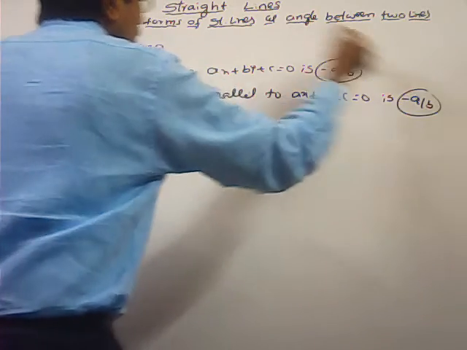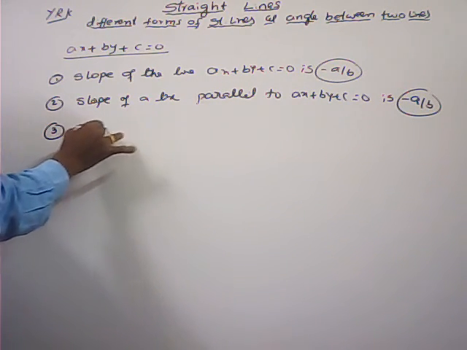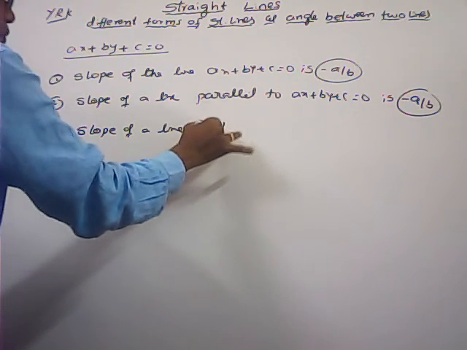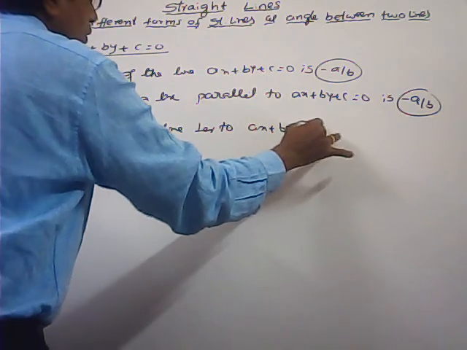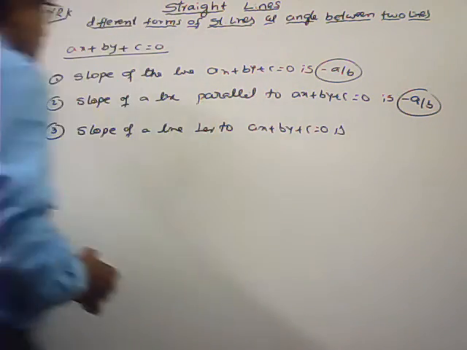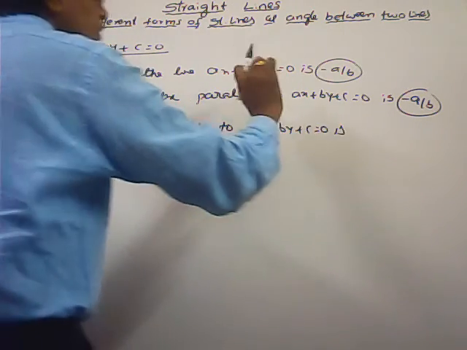If two lines are parallel, their slopes are equal. Next, the slope of a line perpendicular to ax plus by plus c equals 0. If two lines are perpendicular, the product of the slopes equals minus 1.